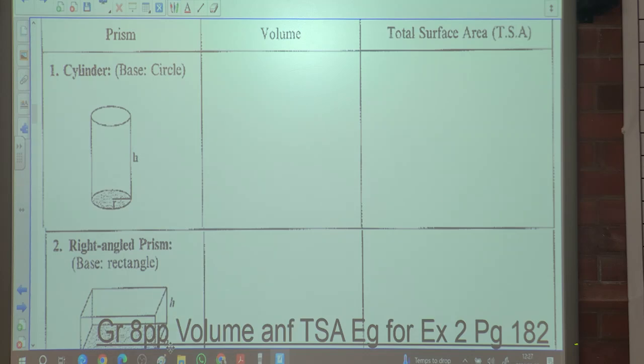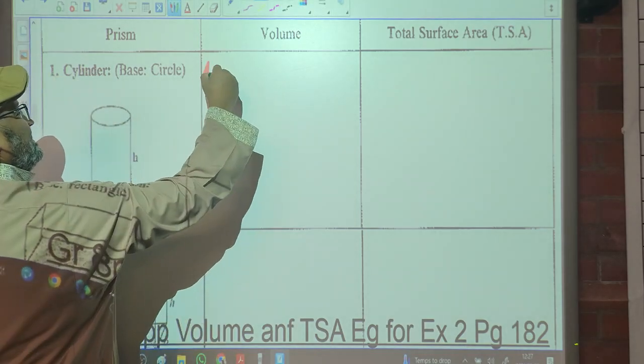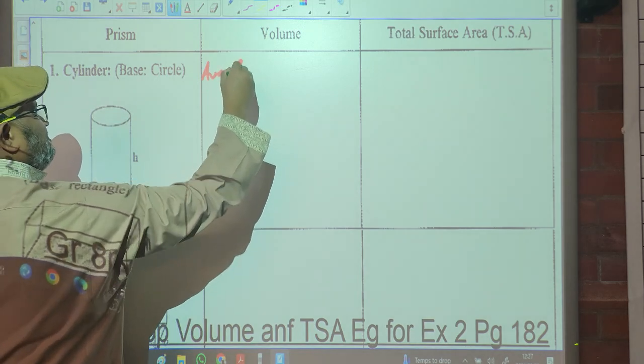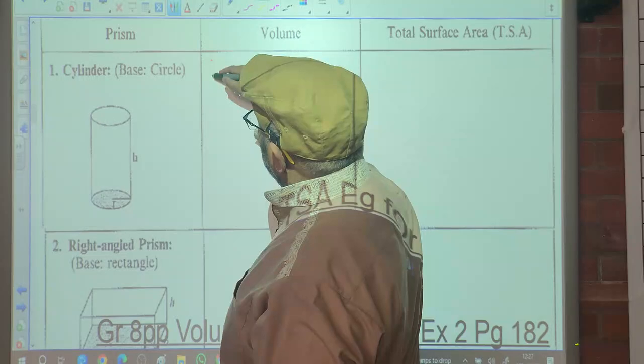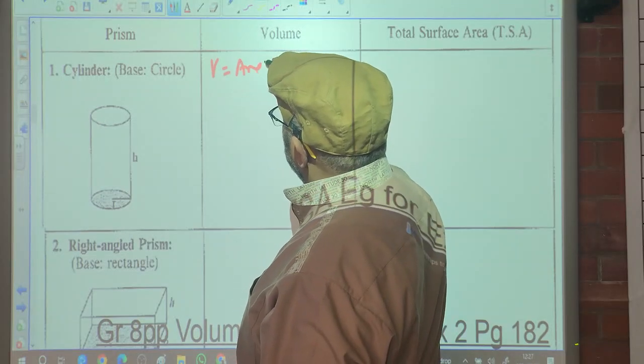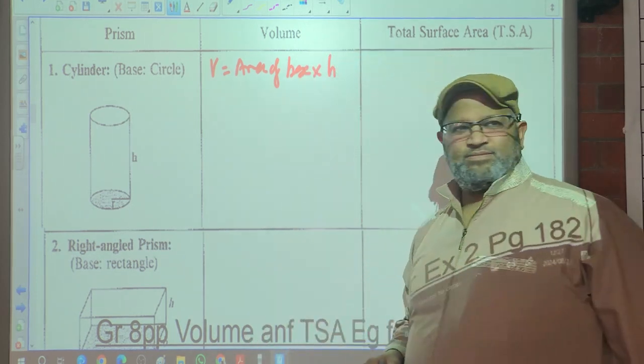So the prism, we have a cylinder, the base is a circular base, not so? So how do you calculate the volume of a prism? It's going to be area of base times height.